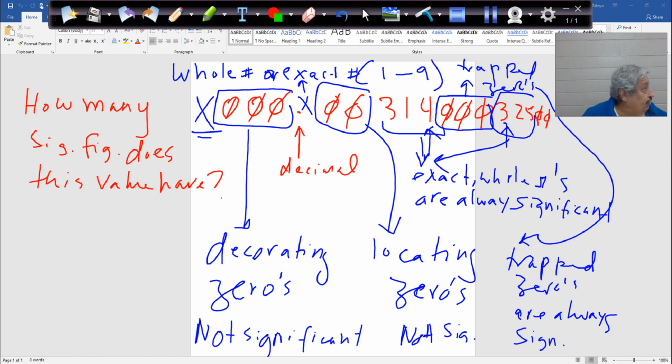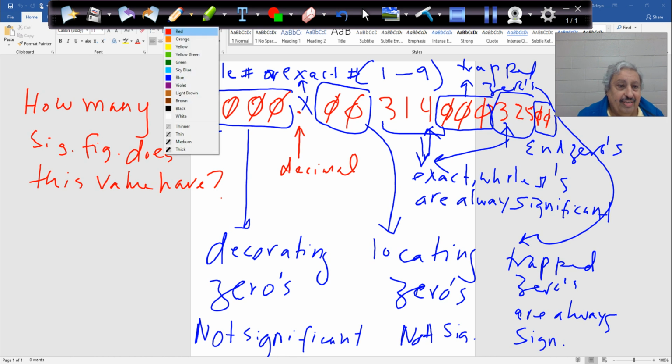Okay, guys, always significant. Now, zeros coming at the end here, they call it end zeros, or zeros at the end. End zeros, let's write another color here, maybe green.